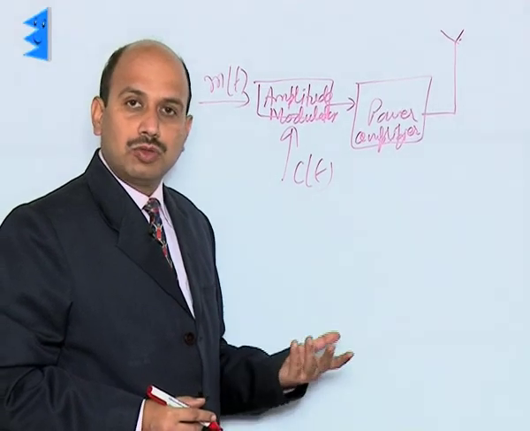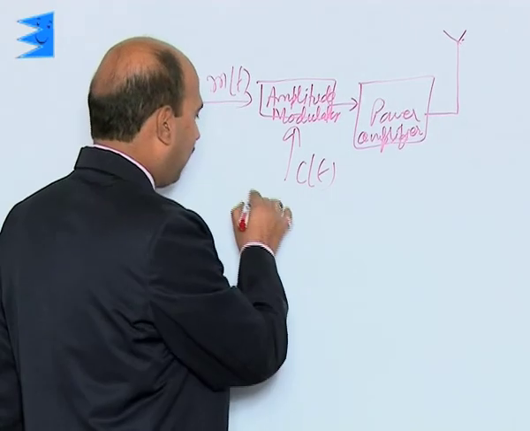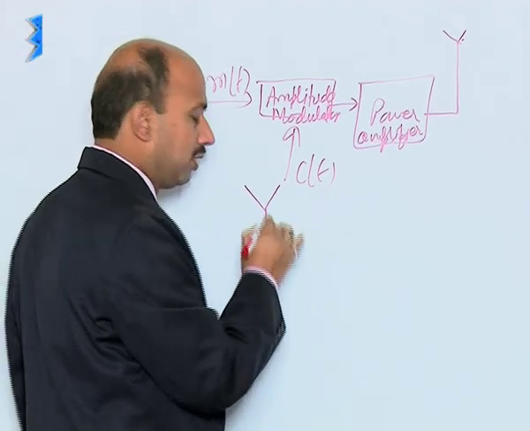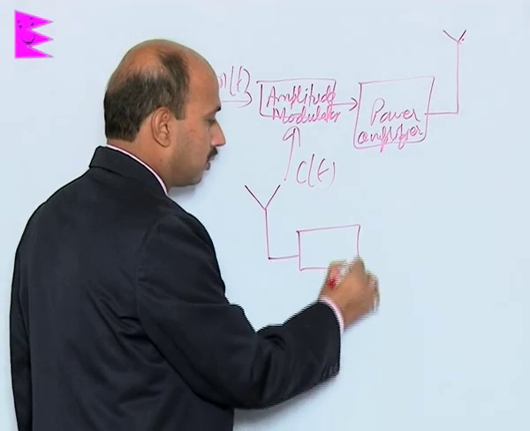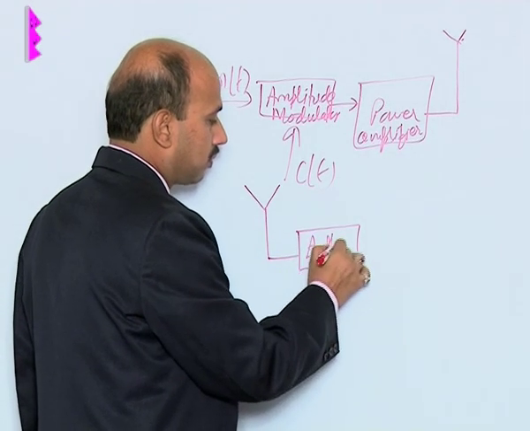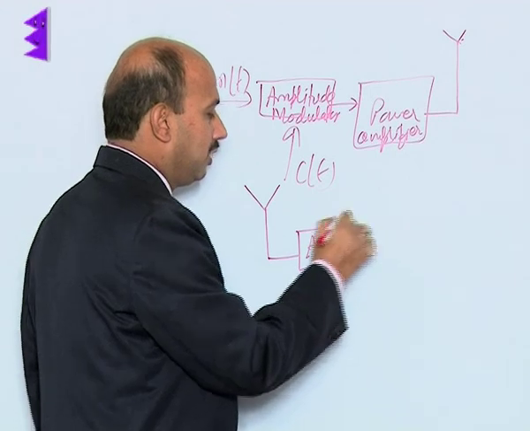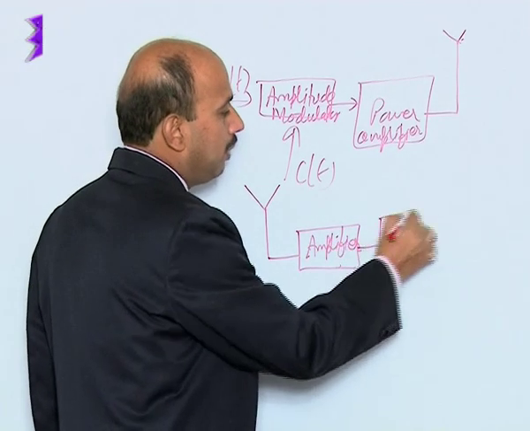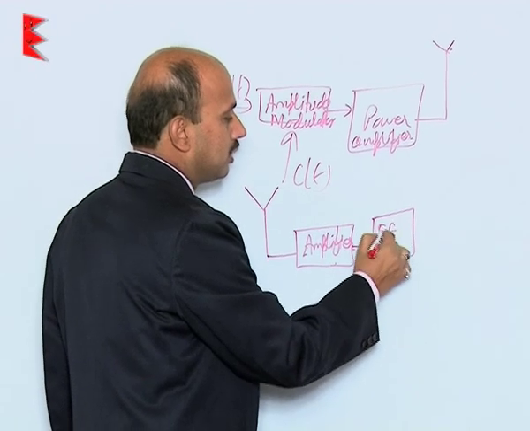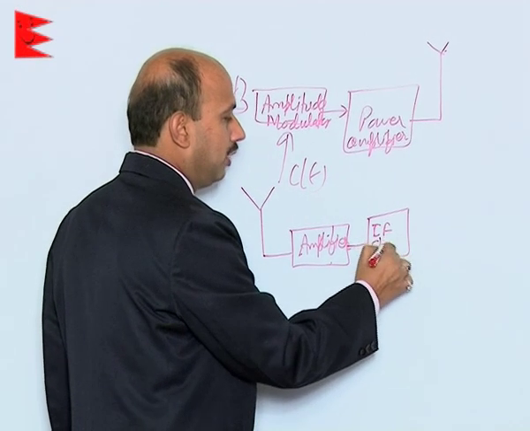After transmission there is the receiving part. So what happens in the receiving part? There is the receiving antenna and an amplifier. The receiving antenna first receives the signals and the signals are amplified. Then we get the IF stage, the intermediate frequency stage.